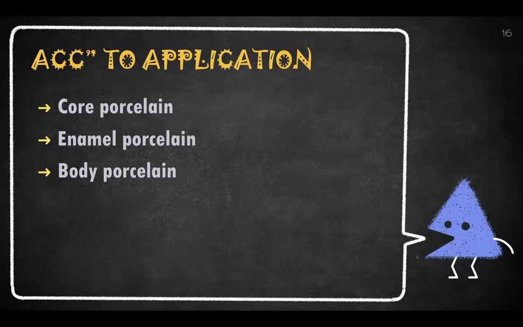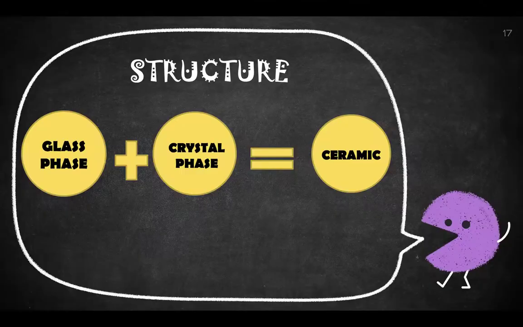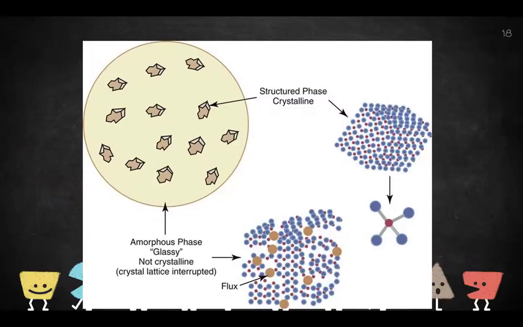And by application, it can be only for the core, which is called the core porcelain, or it can be the veneer type, which is the enamel porcelain, and something that comes between the core and the enamel, which is called the body porcelain. Basically, the majority of ceramics have this structure: a glass phase and a crystal phase, which gives the translucent, glassy, tooth mimicking looks.